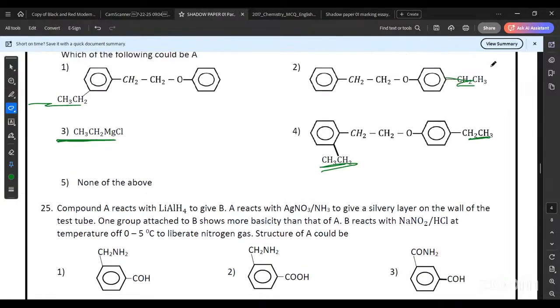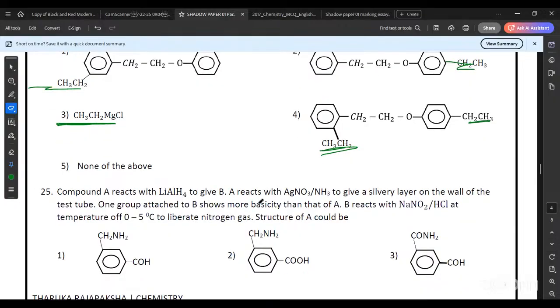25th one. Compound A reacts with lithium aluminum hydride to give B. A reacts with AgNO3 and ammonia to give a silver layer on the wall of the test tube. That means it is definitely an aldehyde. It also reacts with lithium aluminum hydride. So definitely aldehyde.